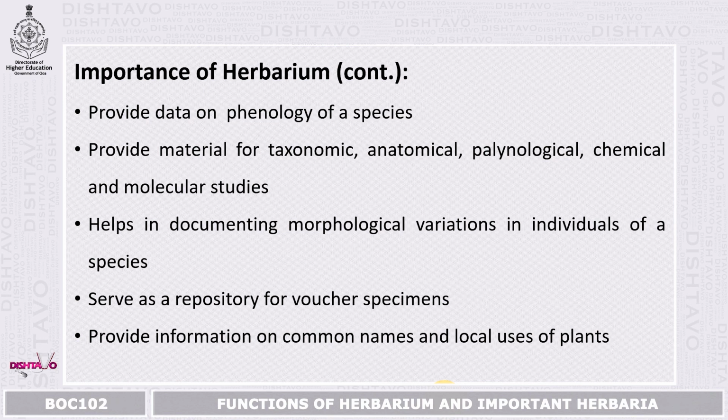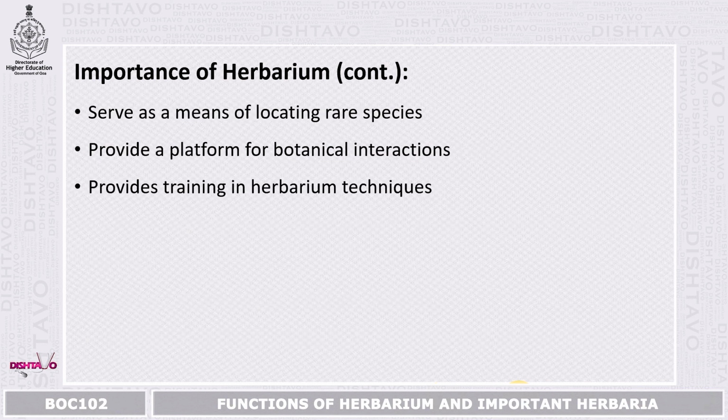Herbaria also serve as a repository for voucher specimens and provide information on common names and local uses of plants. They also serve as a means of locating rare specimens based on the information provided on the label, provide a platform for botanical interactions, and provide training in herbarium techniques to the public.